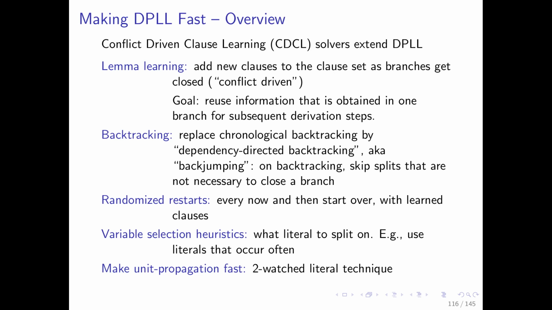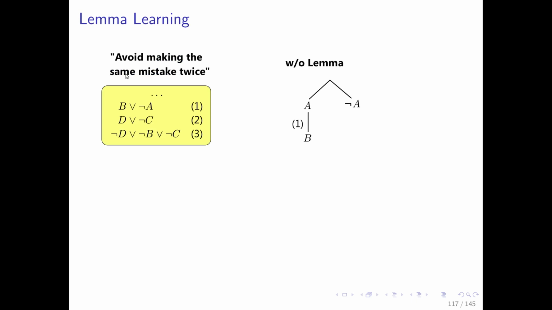All right, what I'm going to do in the rest of the lecture is look at lemma learning. Let's go back to our example. We have a set of clauses, and we've used the DPLL procedure and decided to split on the literal A, because this clause was false. This branch is the one that makes A true, and this is the one that makes it false.